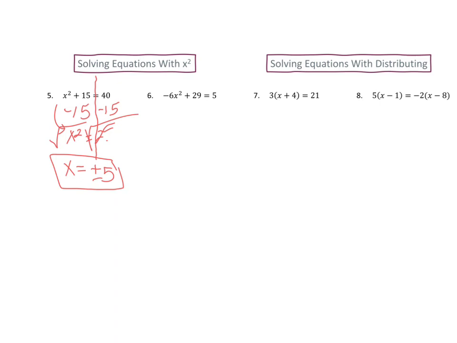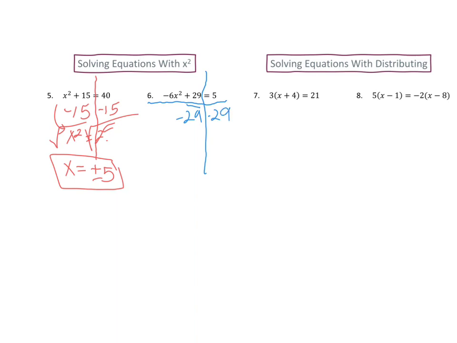All right, how about this number 6? Negative 6x squared plus 29 equals 5. I'm going to put in a little line to divide at the equal sign. Well, the first thing I want to do is move this positive 29 out of there. So the opposite of plus 29, minus 29.